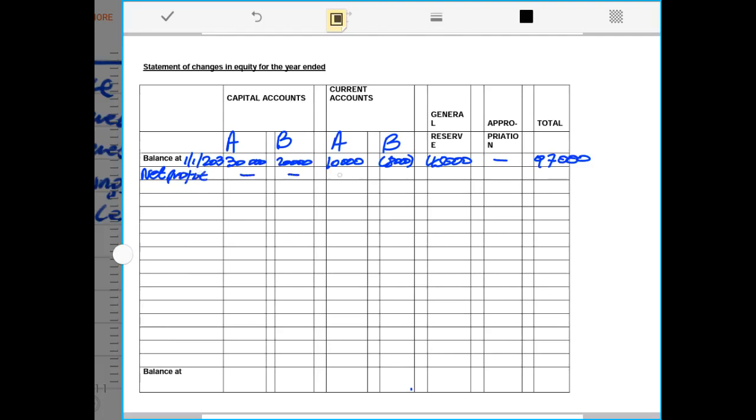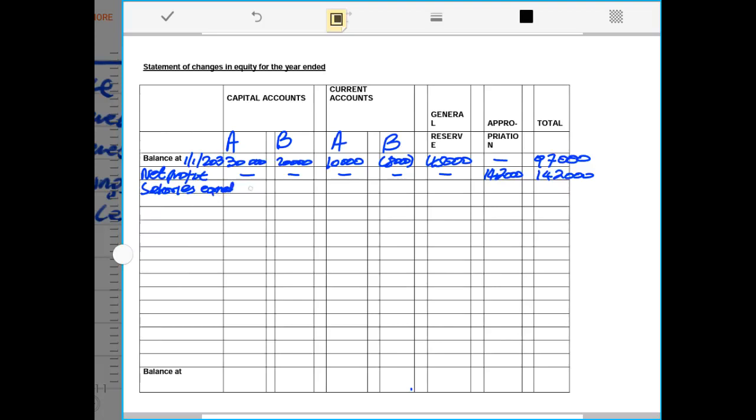The net profit was given to be 142,000 rands, and it goes straight to the appropriation account and under the total column. Then after, we had an amount of salaries. Now we must record salaries that were earned first.